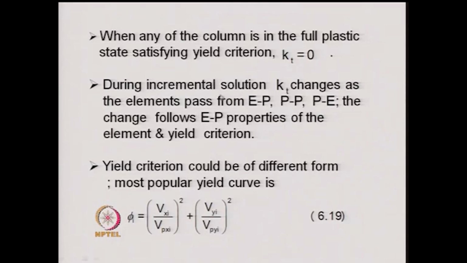When it is passing from elastic to plastic, then there is a transition point, and we should take care of that transition point in the solution, so that the incremental displacement that takes place consists of two parts.